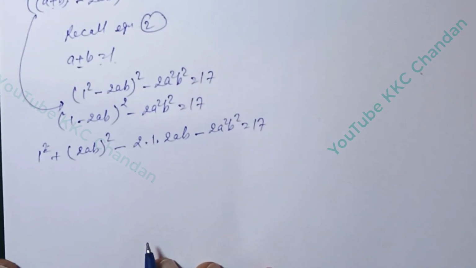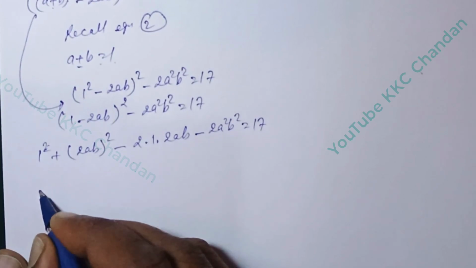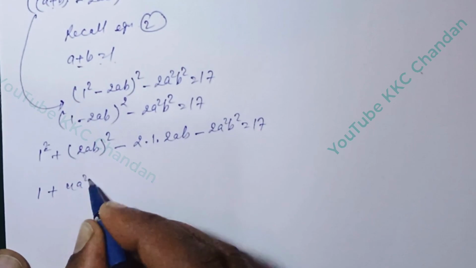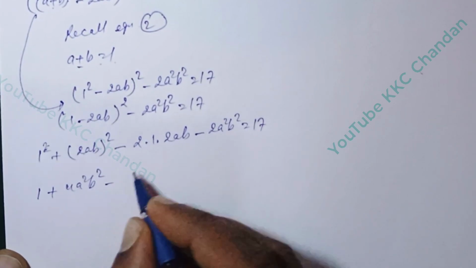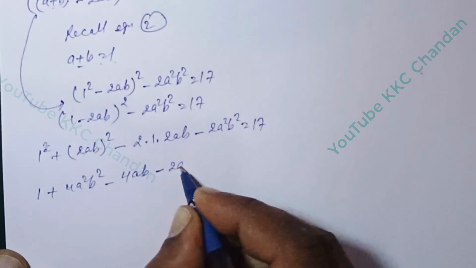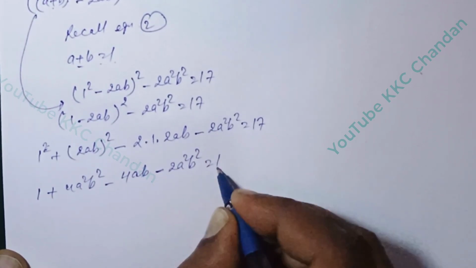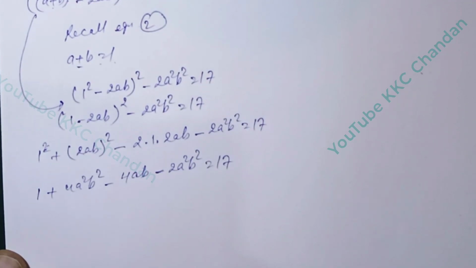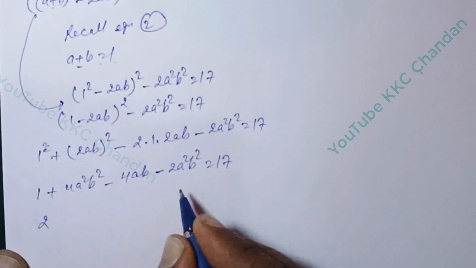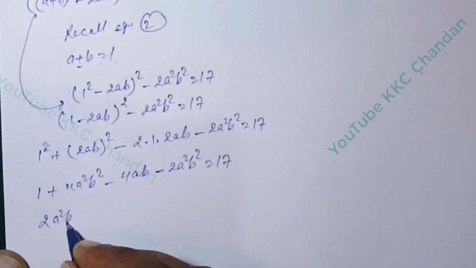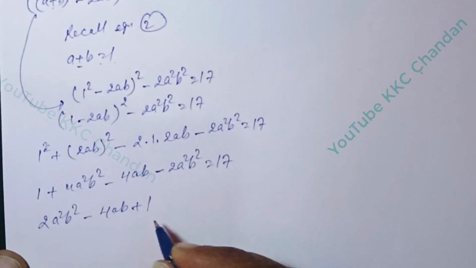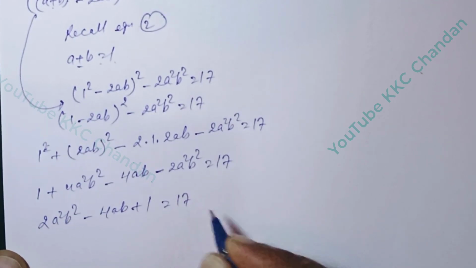After the next step, 1 square means 1 plus 2ab whole square means 4a square b square, minus 2 times 2 is 4, 4ab, minus 2a square b square is equal to 17. After the next step, 2a square b square minus 4ab plus 1 is equal to 17.